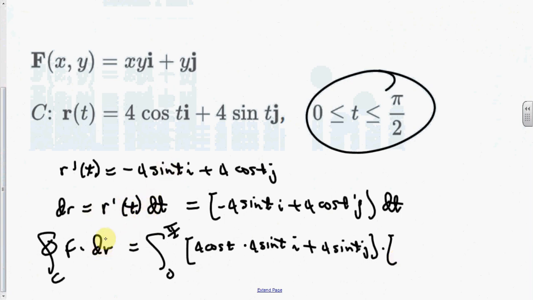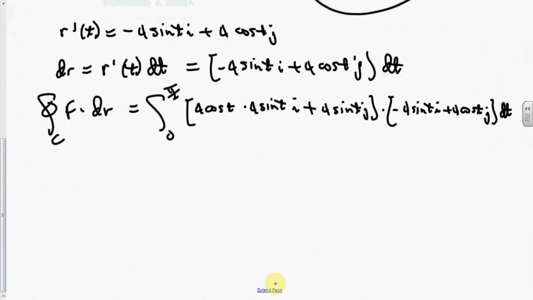Right? That's dr. dr is r prime of t dt, which is this negative 4 sine t i plus 4 cosine t j, dt. So this is the integral from 0 to pi over 2.